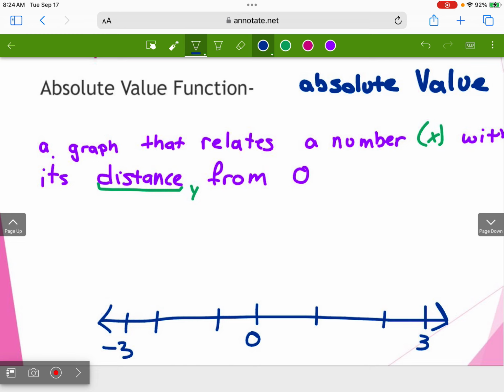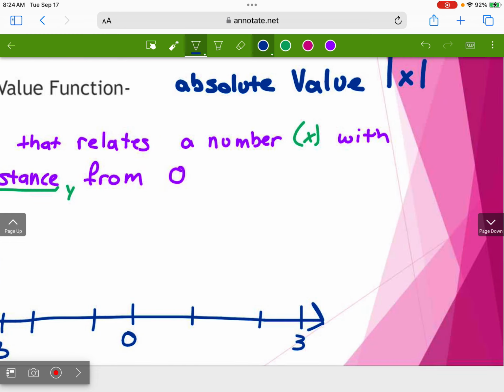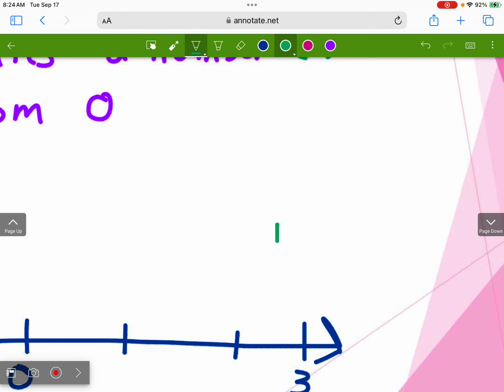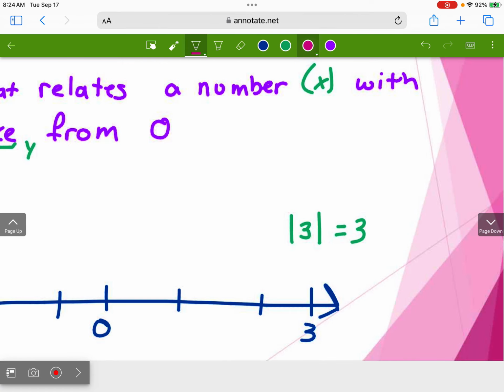So the way we could write that is we know that the absolute value of 3 is 3. It's 3 steps. That's what we took. We took, bless you, 3 steps.